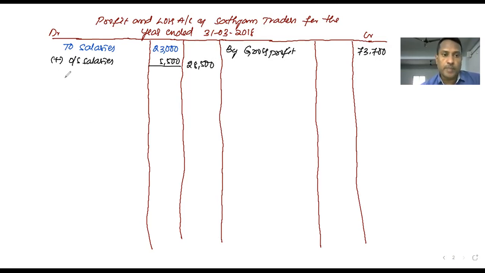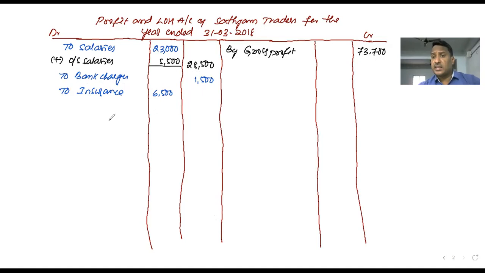Next, to bank charges, an indirect expense, 1,500. Next, to insurance. Insurance has an adjustment. Insurance is 6,500.